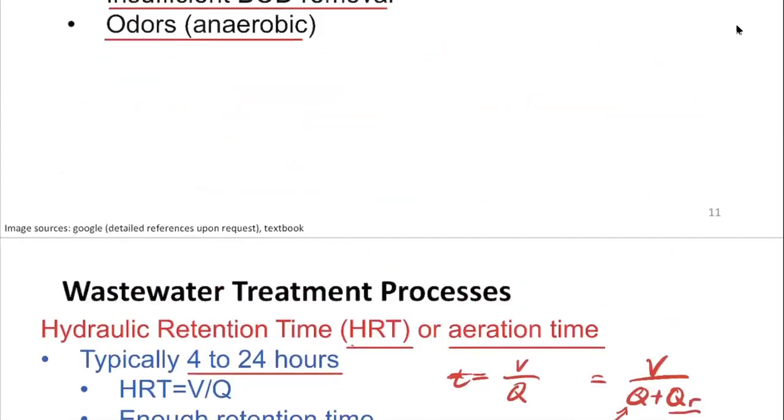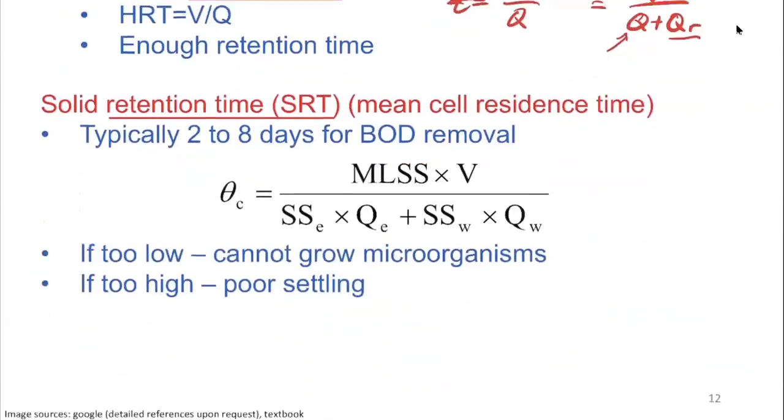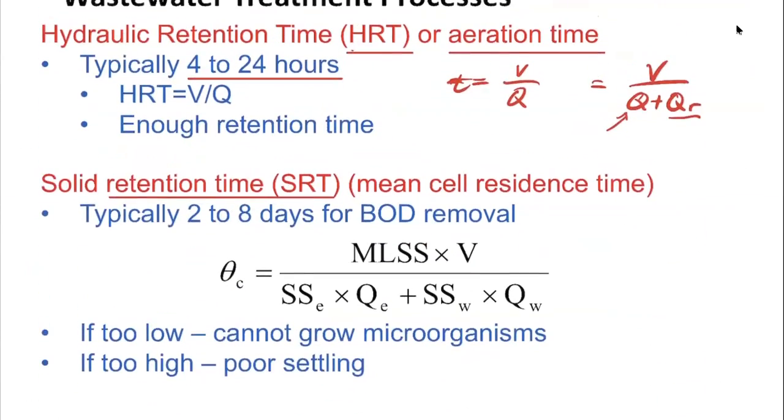So as you saw earlier, these solids are being recycled, right? While they're being settled down, while they're being propagated, they settle down in here, and then they can get returned, recycled back into the aeration tank. So we want to calculate the time that corresponds to the time for these bacteria to stay in the entire system. So that's why the calculation is going to be a little bit different.